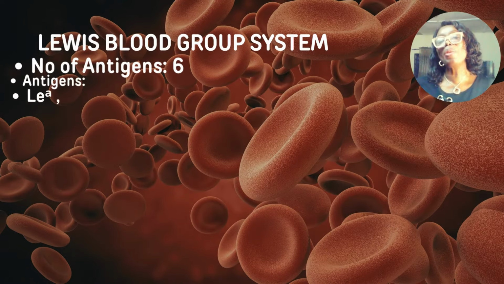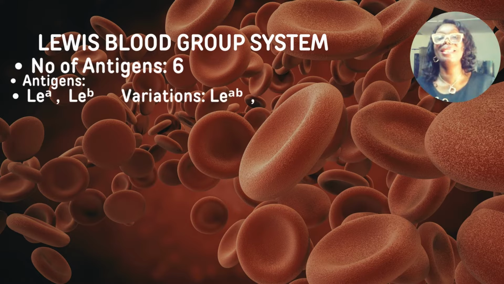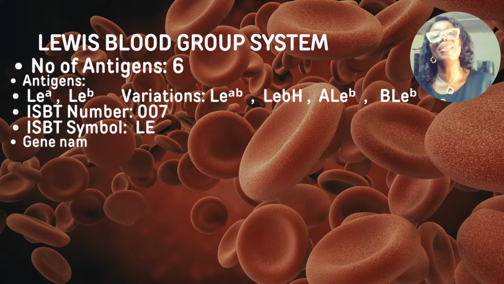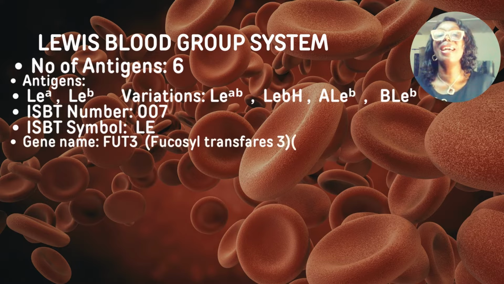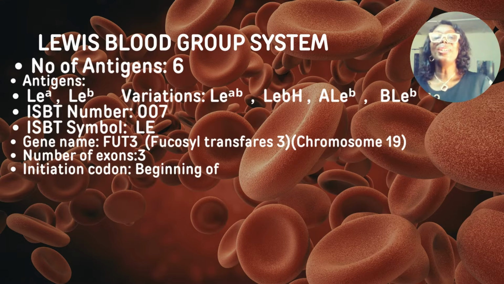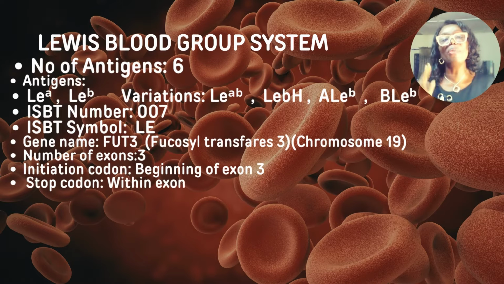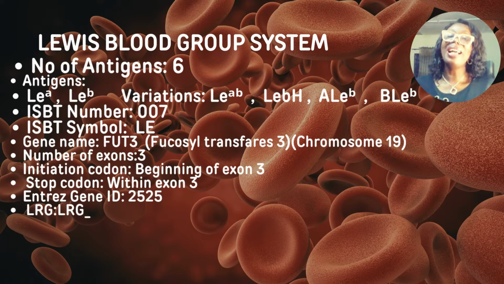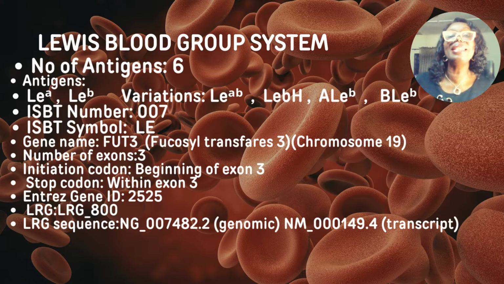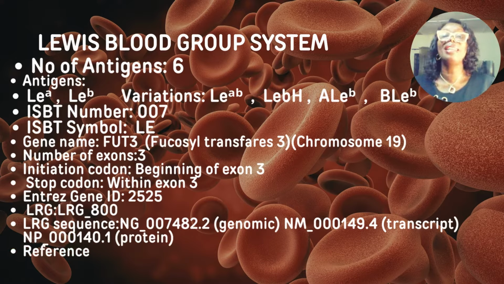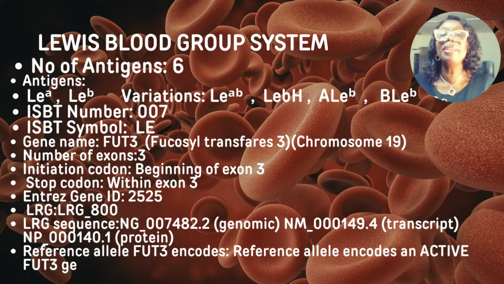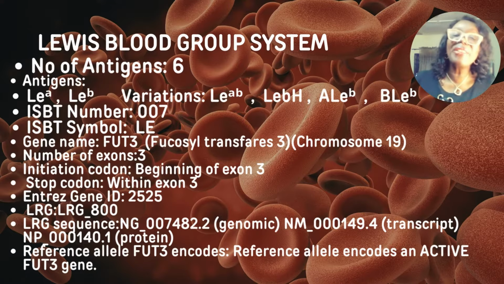Officially, the Lewis blood group system has 6 known antigens, but the main antigens of this blood group system are Lewis A, that is LEA, and Lewis B, that is LEB. Now, the ISBT number for Lewis blood group system is 007, and the ISBT symbol is LE. So the 6 antigens that are found in the Lewis blood group system are the LEA, the LEB, and then you have variations.